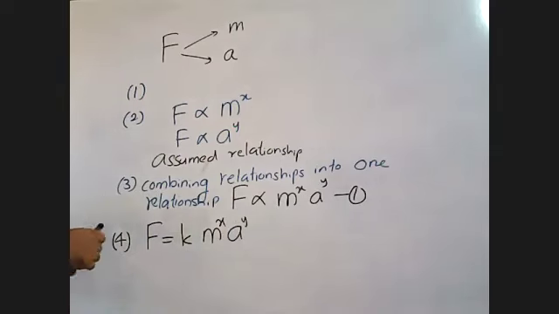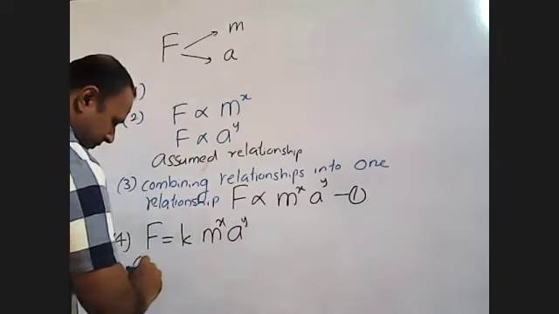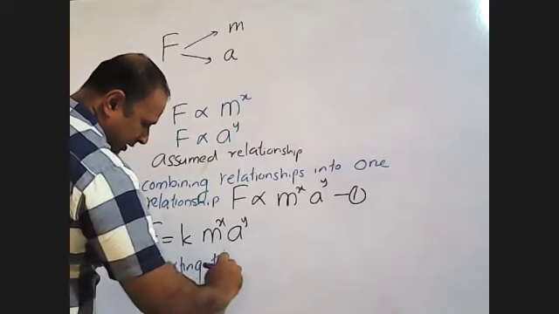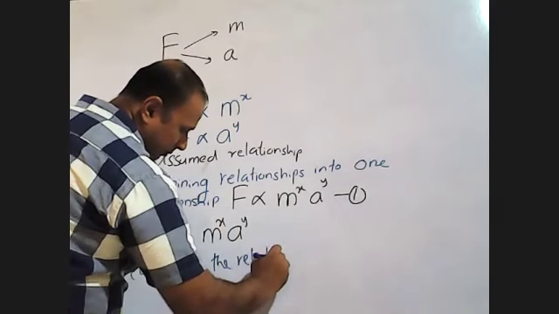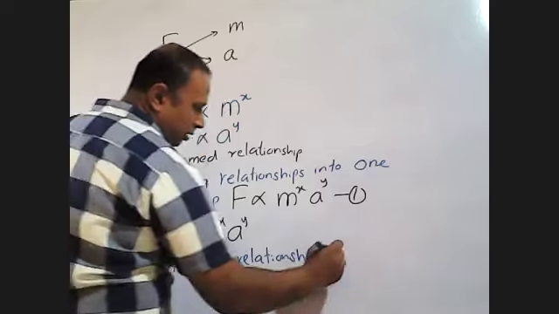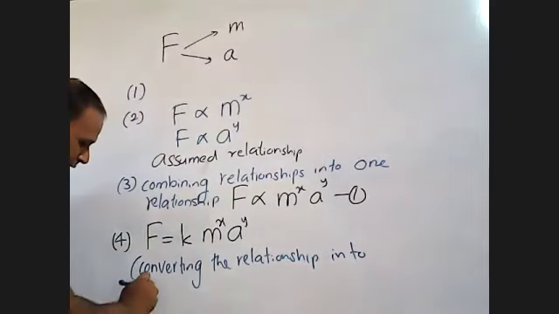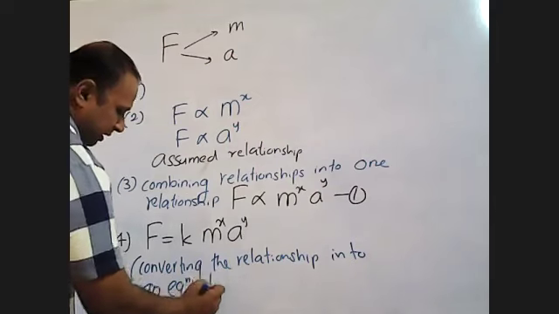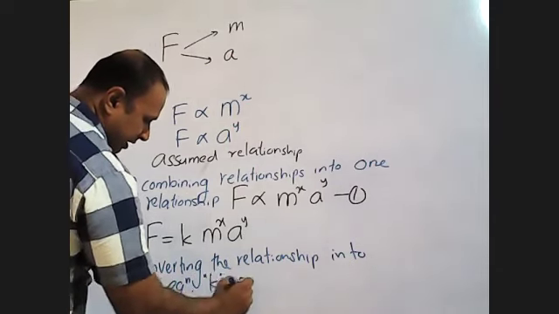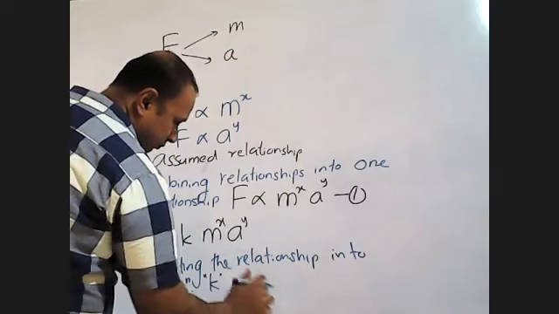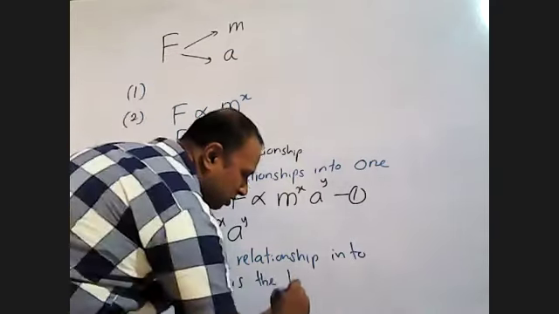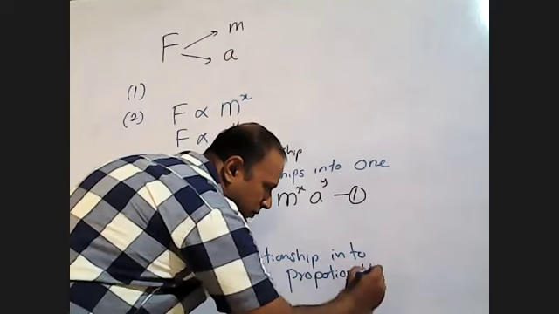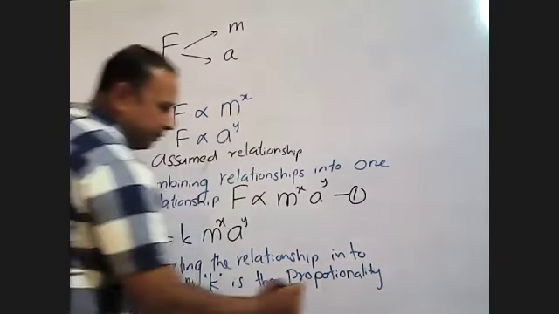So this step is converting the relationship into an equation. Here k is the proportionality constant.